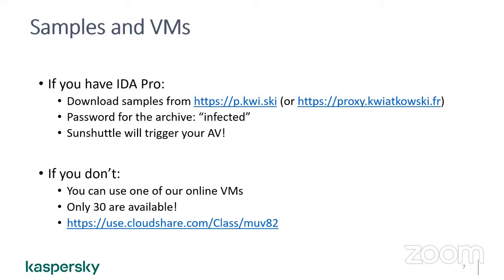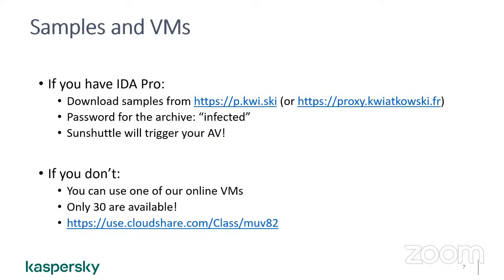The access to these VMs is through remote desktop or something. It's through the web browser. You can do anything from there. But there might be a little bit of delay. I don't know exactly how bearable it's going to be. So if you can use your local machine, if you have an IDA license and so on, I suggest you use that. If this is not the case, then you're welcome to try one of those VMs.